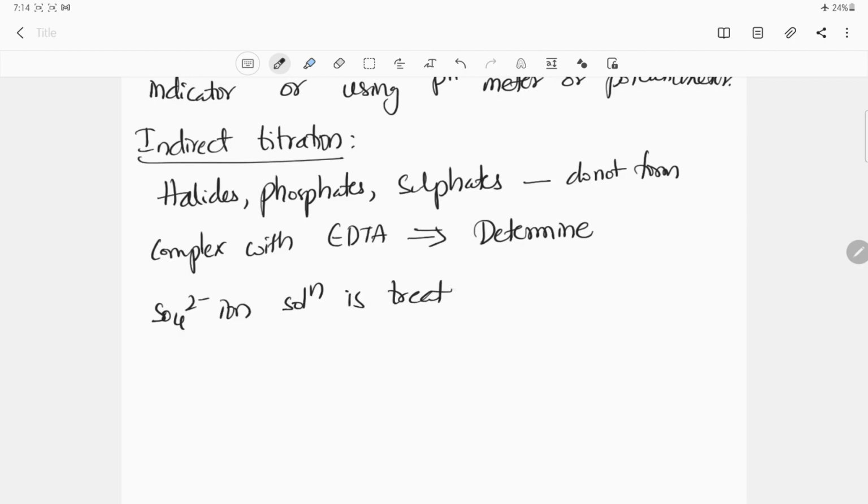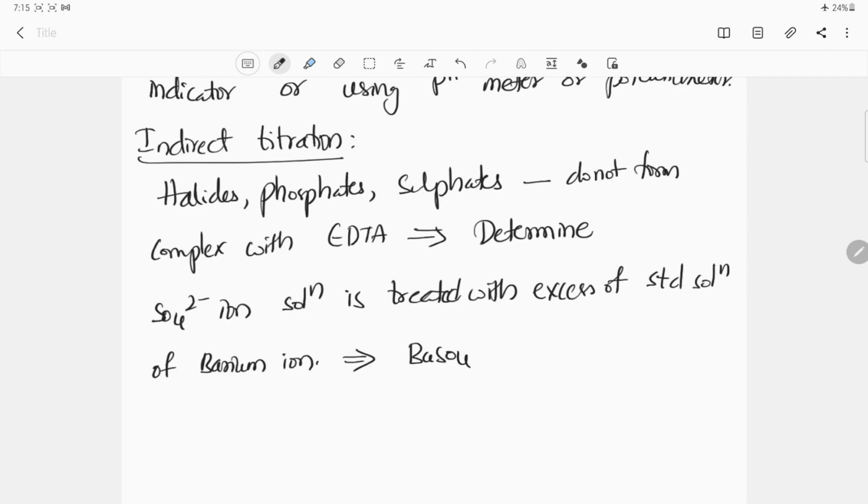Means, in order to determine, suppose sulfate ion, the sulfate ion solution is treated with excess of standard solution of barium ion. So you are treating sulfate ion with excess of barium ion. This results in formation of barium sulfate precipitate.